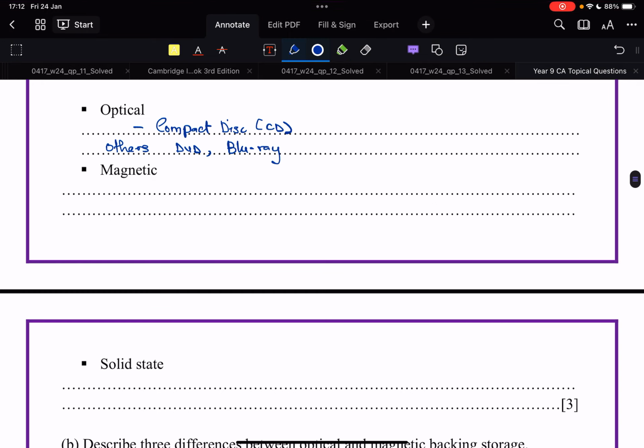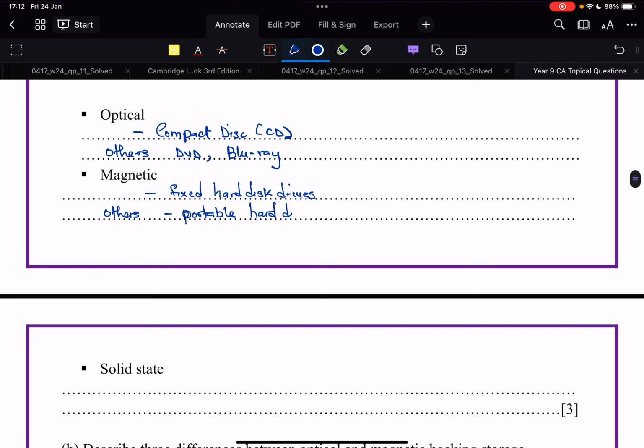For the magnetic, you have either the fixed hard disk drive, for others we can have portable hard disks, we can also have magnetic tapes.